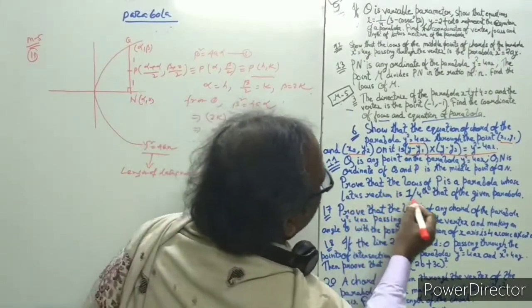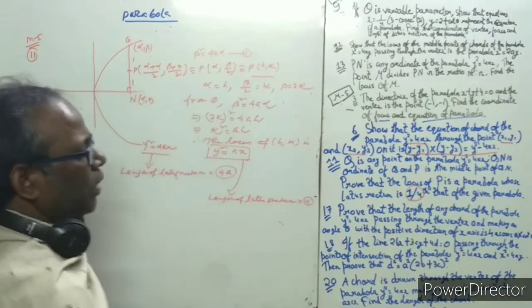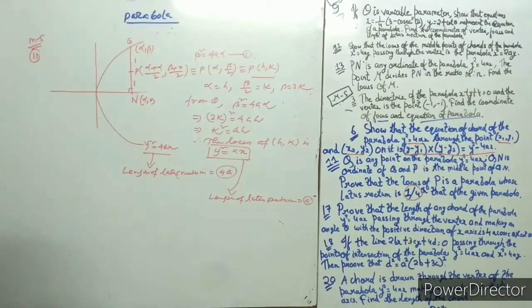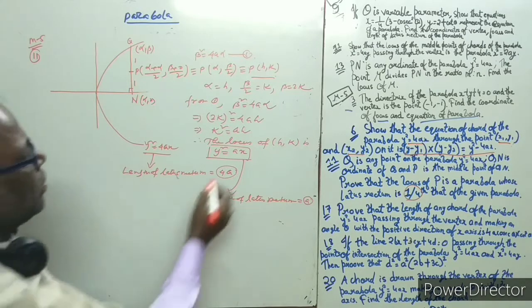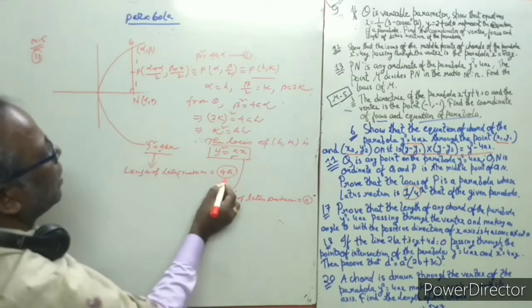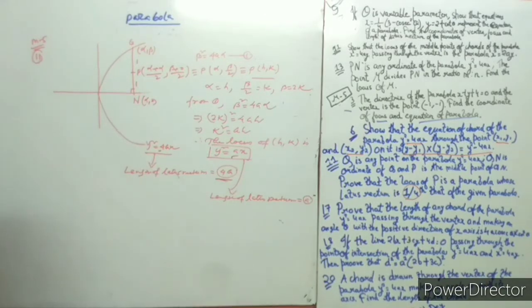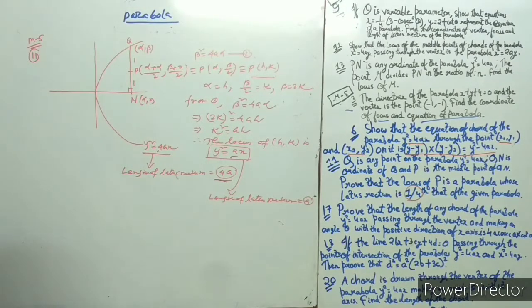In this question, we get a new parabola whose length of latus rectum is a here, while in the previous parabola, the length of latus rectum here is 4a. So this is the 1/4. Okay. Now see the question number 17.